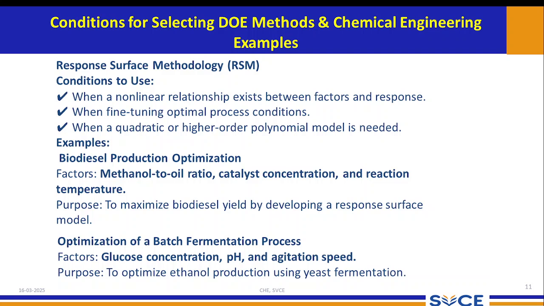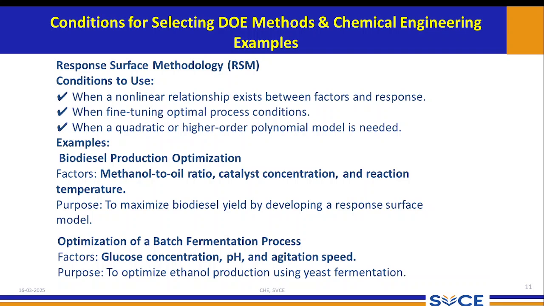When there is a non-linear relationship between factors and the response, then we need to go for response surface methodology. Also when fine-tuning optimal process conditions, and when a quadratic or higher order polynomial model is needed.